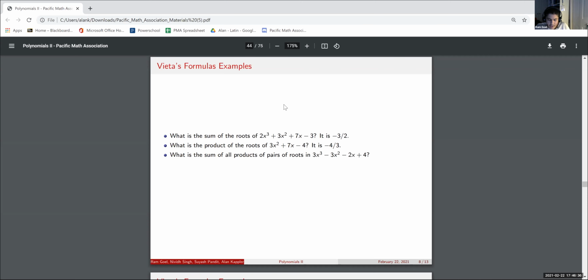Yeah, we actually didn't go over this, so it's all right if you. Actually, go ahead, Alan. But yeah, this is one of those formulas, like Alan said, which isn't as important, but it's important to know that you can find the sum of the pairs of products of the roots. All right, I've got one response.